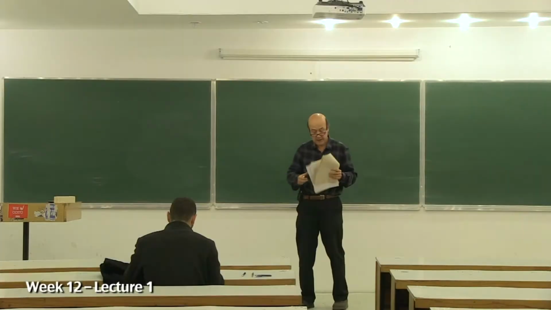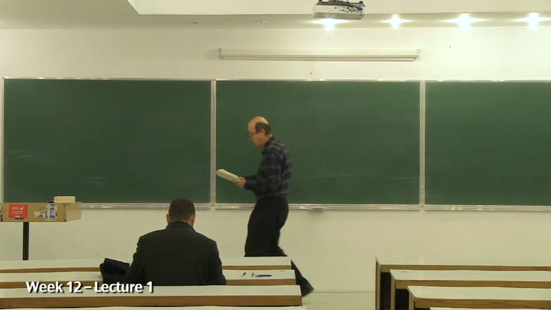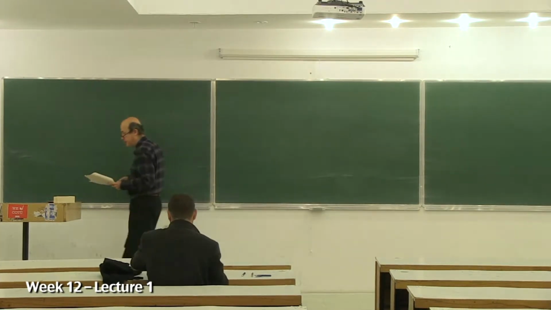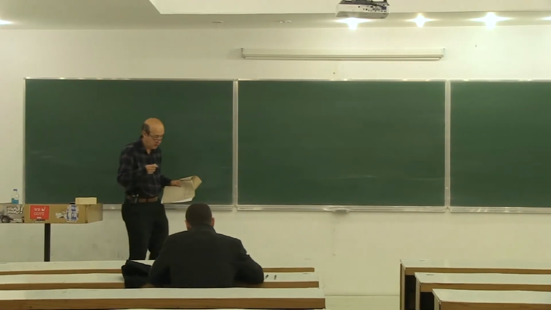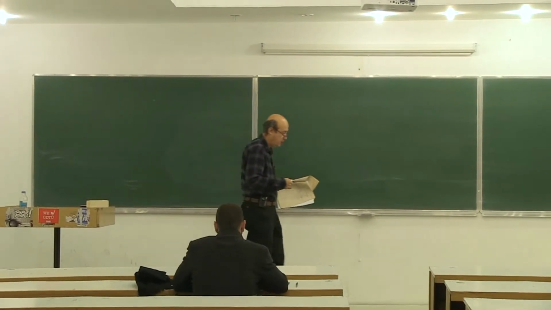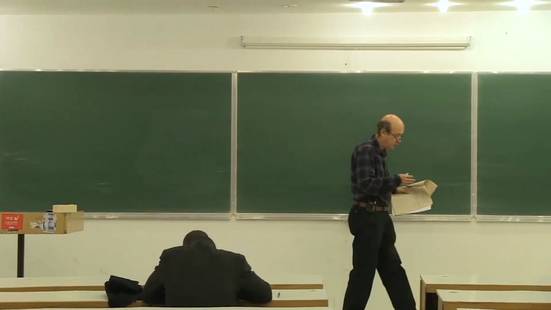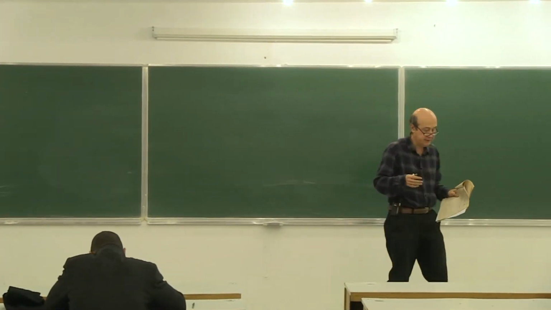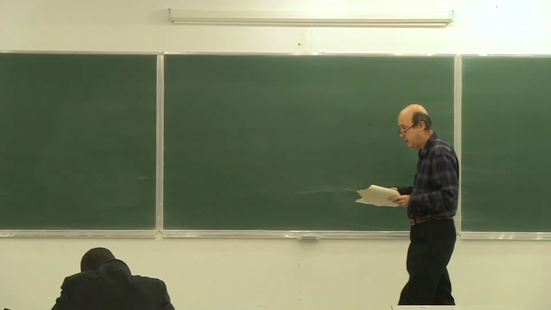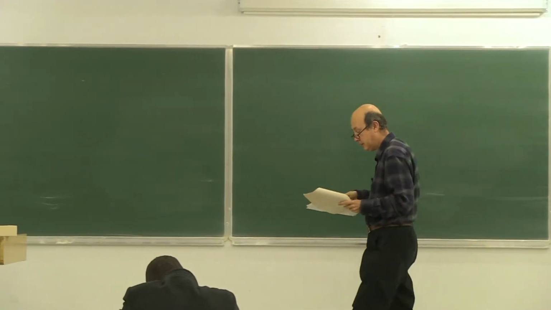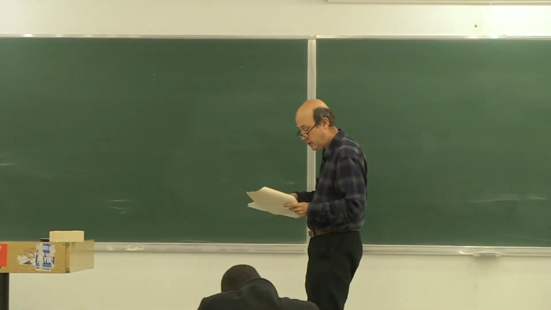Okay. Last time we studied the Lagrangian density and the Lagrange equations for the equation of motion of the electromagnetic field. We defined the Lagrangian density for the electromagnetic field and the sources.